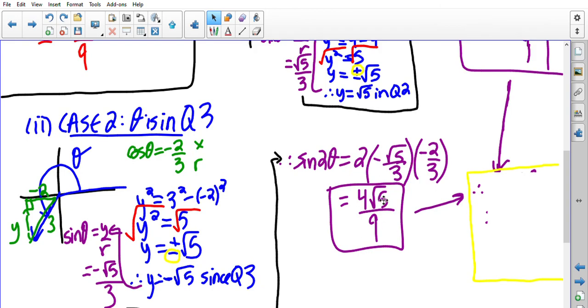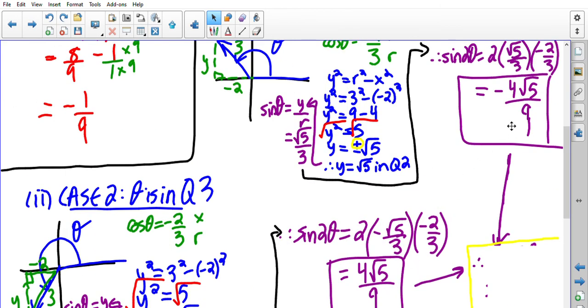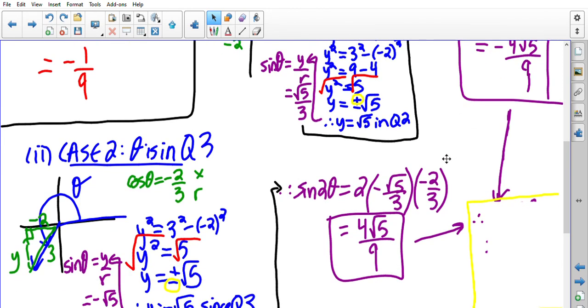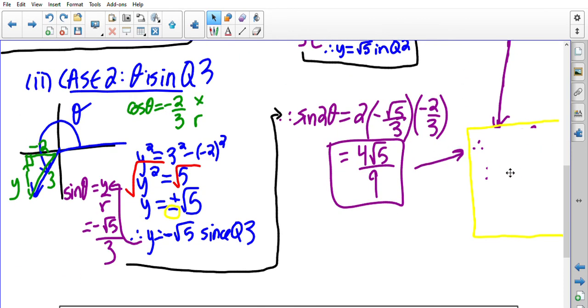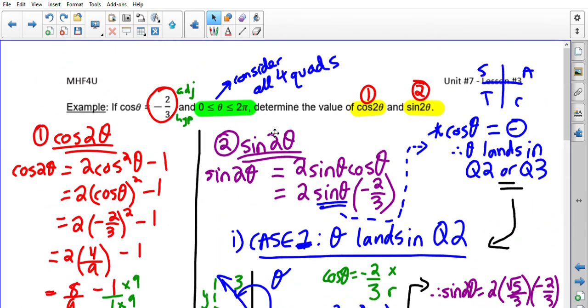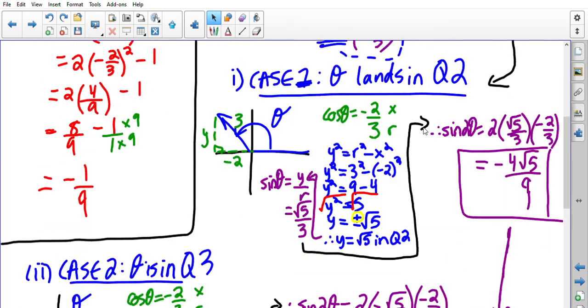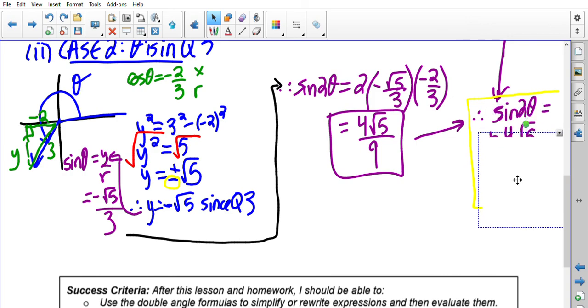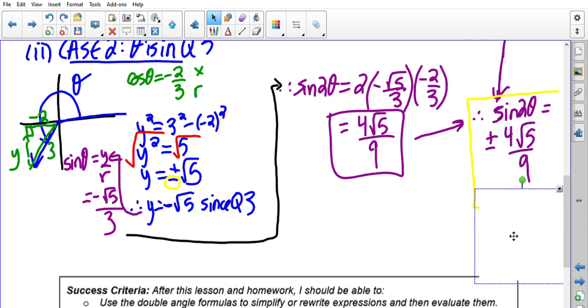That's our second answer. Notice they have the same absolute value, just different signs. So when you give me your final therefore statement, the proper answer for the value of sine 2 theta is plus or minus 4 root 5 over 9, depending on the quadrant.